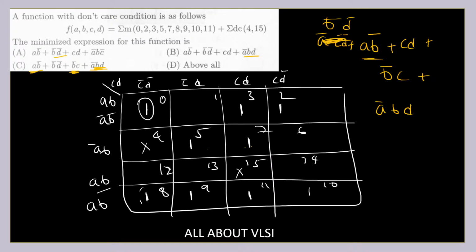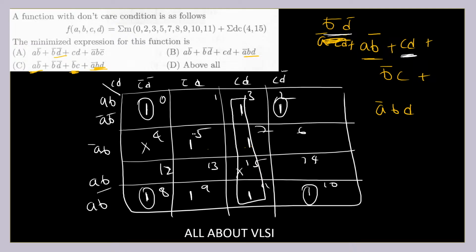If I consider all these particular quads, this is one grouping, which is nothing but B bar D bar. And if I group these four, which is one quad, from here I'm going to get CD. So B bar D bar plus CD I've got.